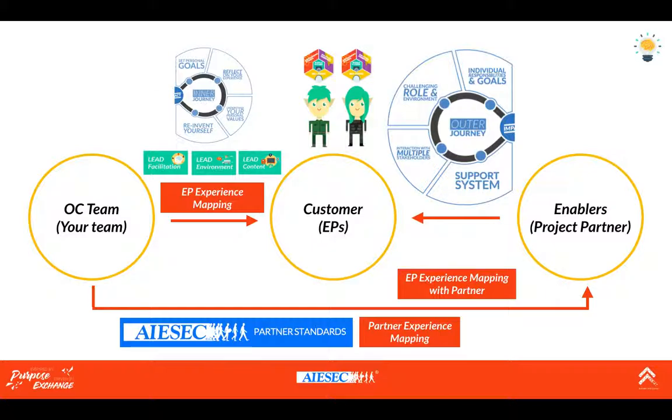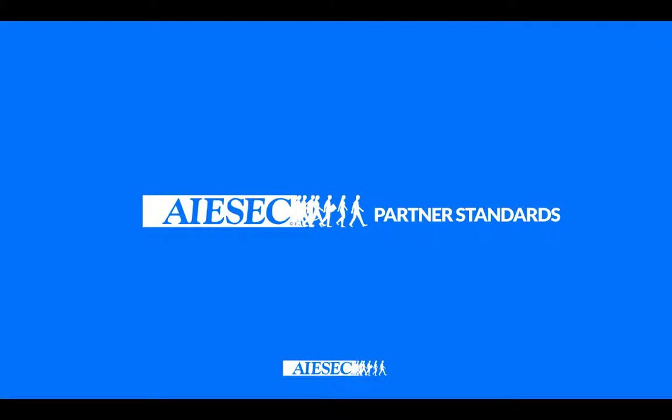The reason we have partner standard is to make sure that we map the EP experience together with the partner, and with that we are taking care of the partner experience as well, to make sure that a long-term and satisfying partnership can be delivered. Cool. So partner standard is something to ensure quality is enhanced. It's also a standard for you to make sure that all the bare minimum is achieved.